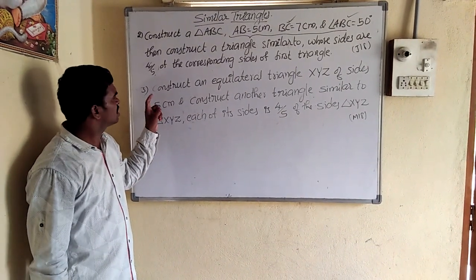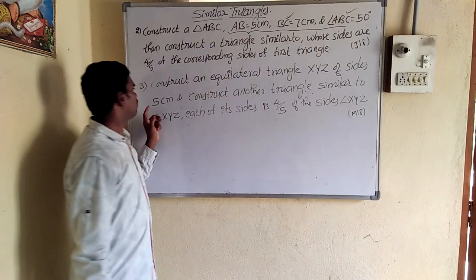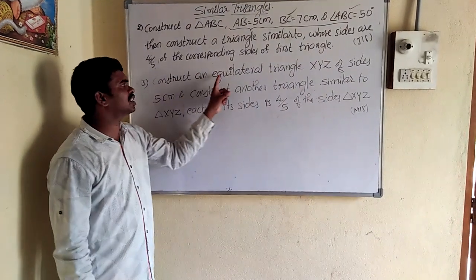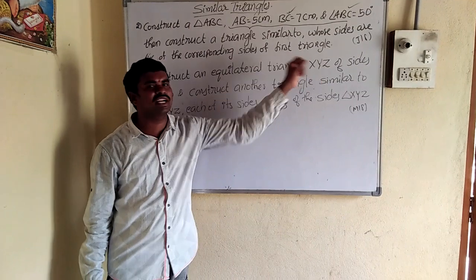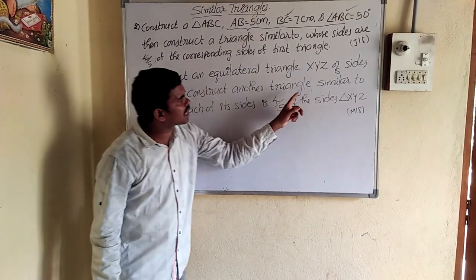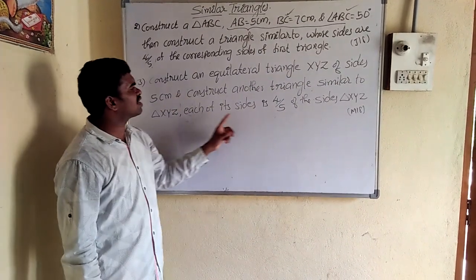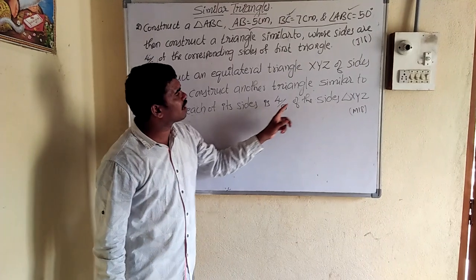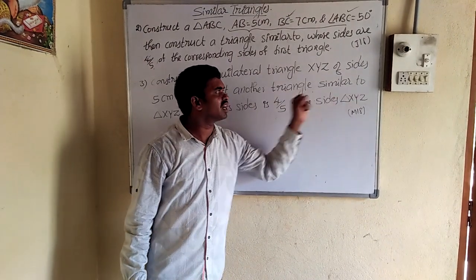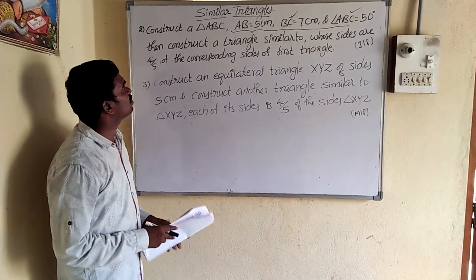Similarly, the next, third question is: construct an equilateral triangle XYZ of sides 5 cm, and construct another triangle similar to triangle XYZ, each of whose sides is 4 by 5 of the sides of triangle XYZ. So this is for your work.